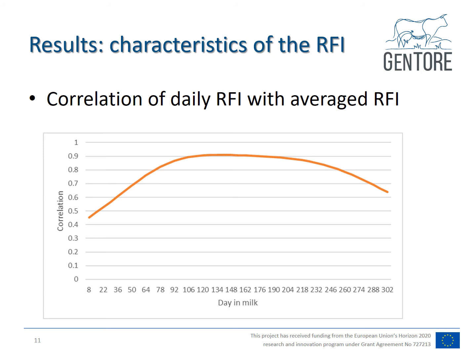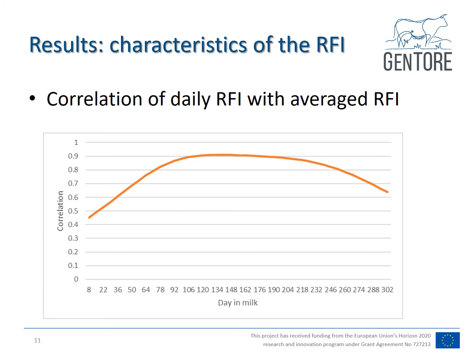To get the answer for that, we estimated the correlation between daily RFI and an RFI averaged on all the lactation. And so we get that the correlation is always positive, but it's maximum during mid-lactation, where all the biological processes remain more or less stable.